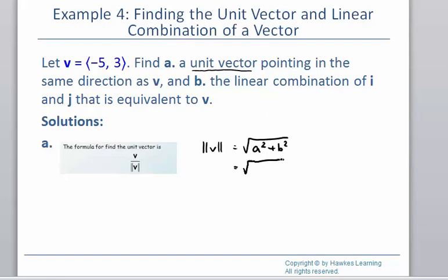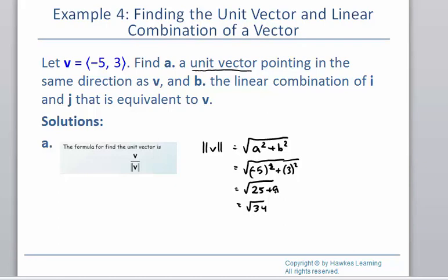So in the case of our vector negative 5, 3, our A value is negative 5 squared, and our B value is 3 squared. Negative 5 squared is 25, 3 squared is 9, and adding them together we get 34 underneath the square root.